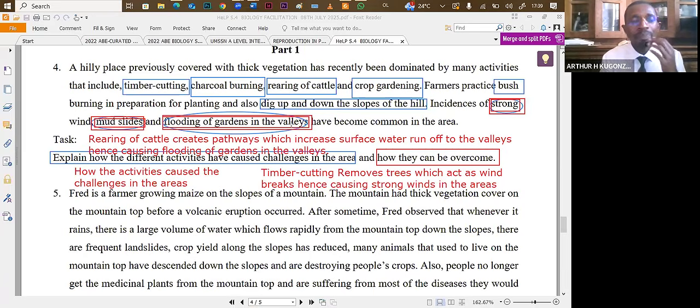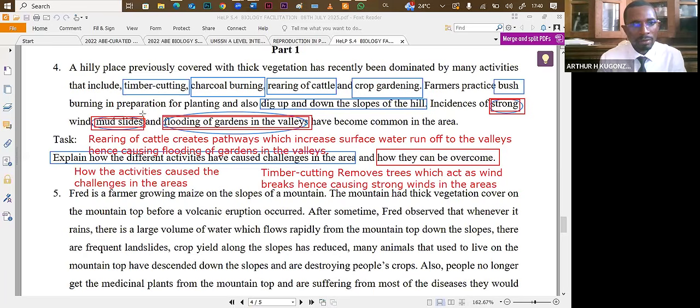Then I can also say, for the mudslides, practicing maybe agroforestry, or also carrying out afforestation or planting trees, which can hold soil particles together, hence preventing mudslides from occurring.